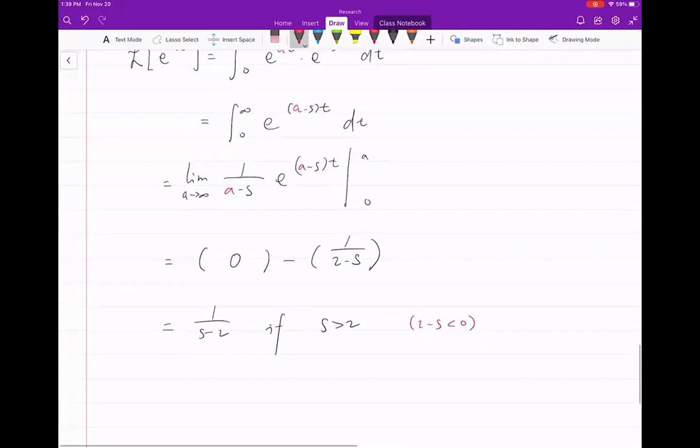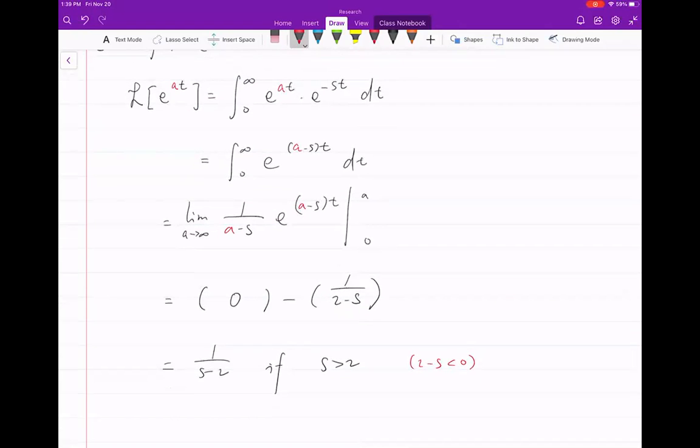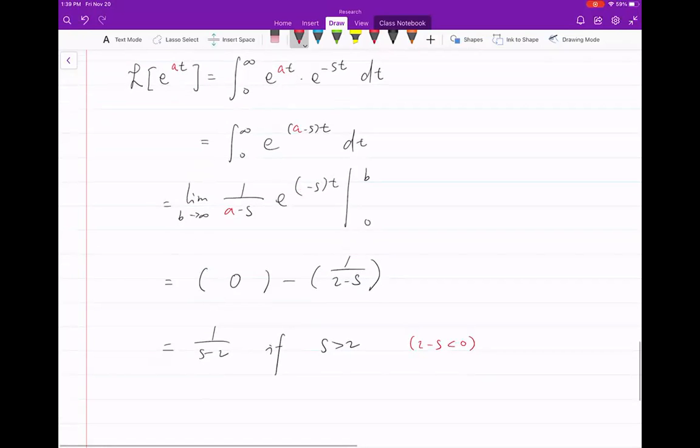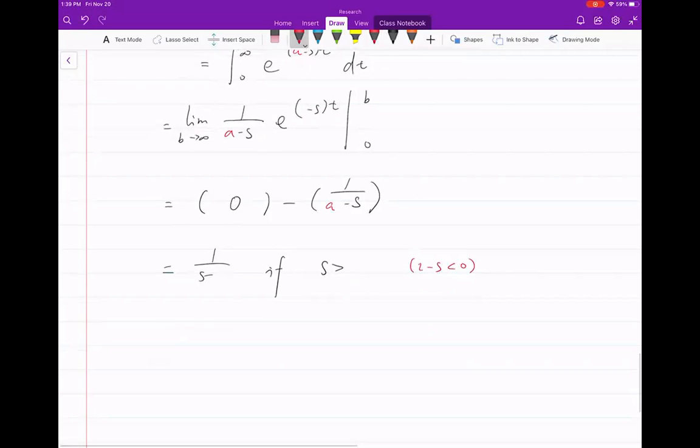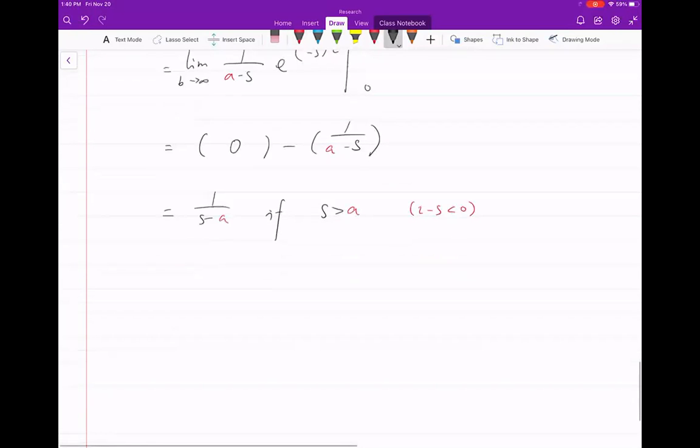Let's change this to be B, and then change this to be A. So if you just repeat this for e to the 3t, e to the 4t, e to the any t, we can have a general conclusion: L of e to the at equals 1 over s minus a, for s bigger than a.